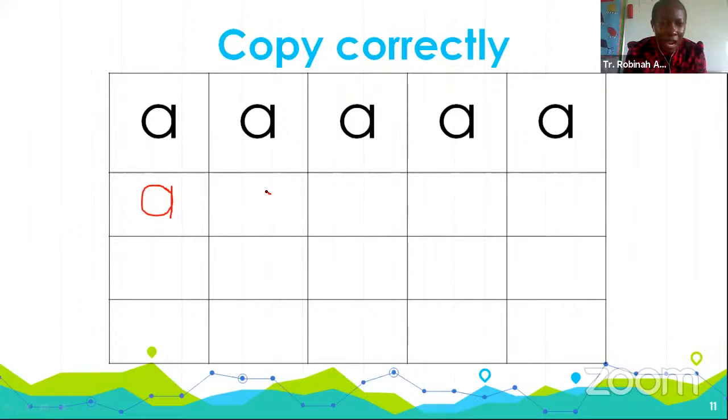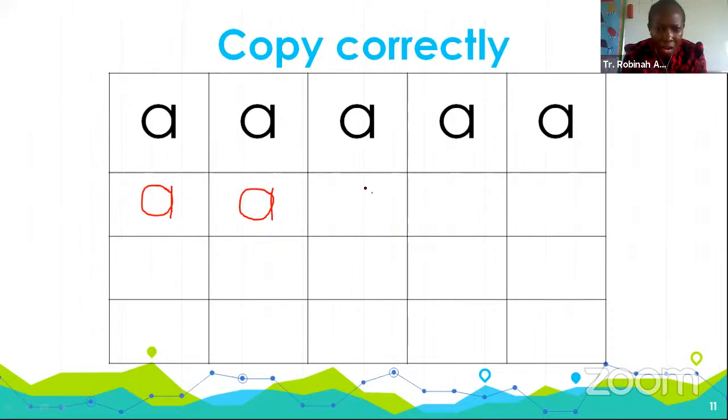Continue. You draw a ball. Then you put a standing line. Just a small standing line is enough. And there we have a sound ah.